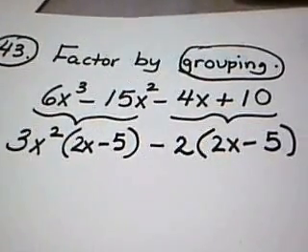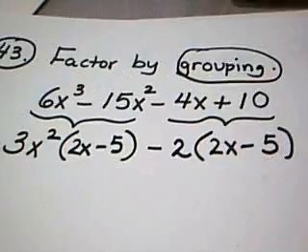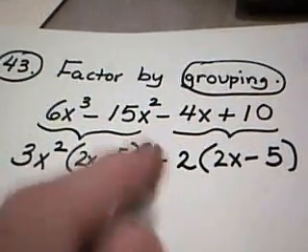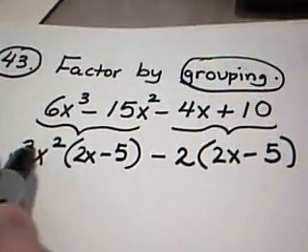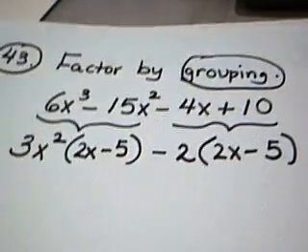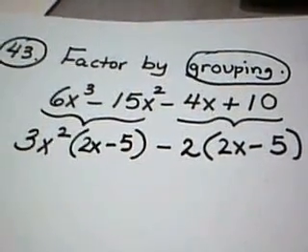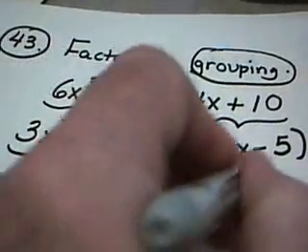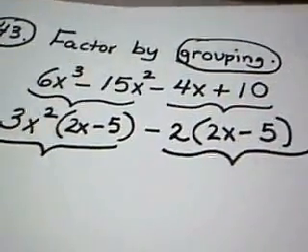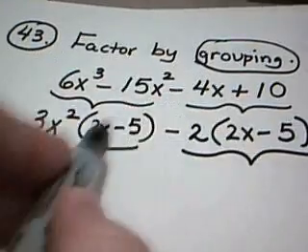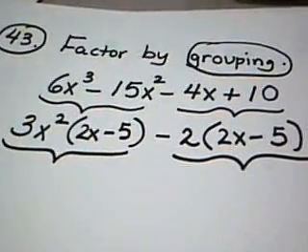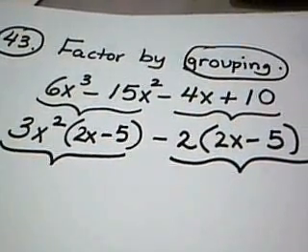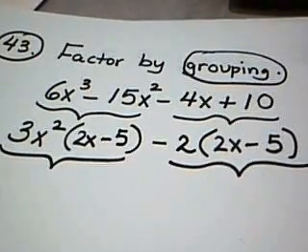Now, at this point, a lot of times students think they're finished. You're not done. This minus sign right here indicates that this is a subtraction problem, not a multiplication problem. So you basically have one term here, and you basically have another term here. When you look at the two terms, what you notice is that 2x minus 5 is common to both terms.